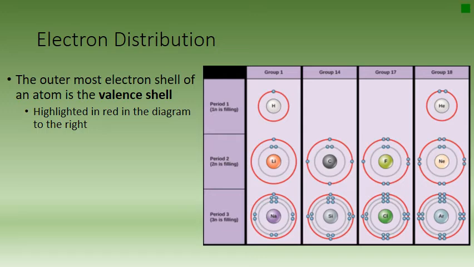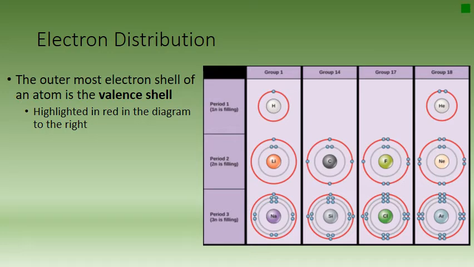Now, all the electron shells that an atom possesses are important, but it is the outermost electron shell of the atom that influences the chemical behavior of the atom.